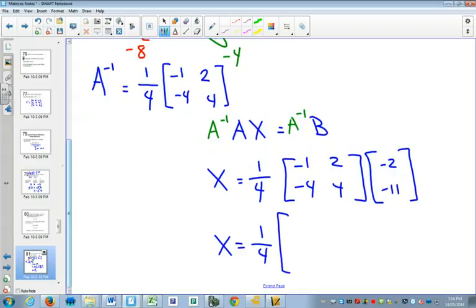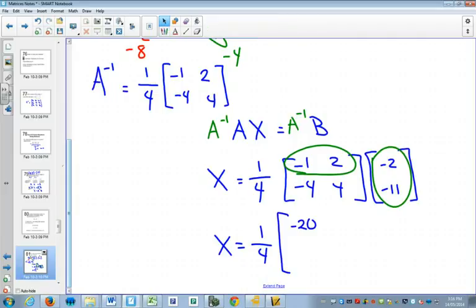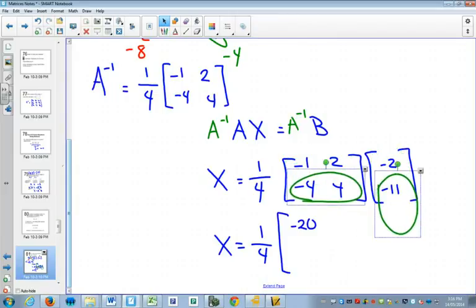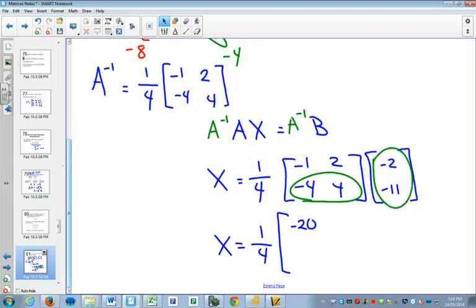Multiply this row by this column, and you get -20. Multiply that row by that column, 8, -36.